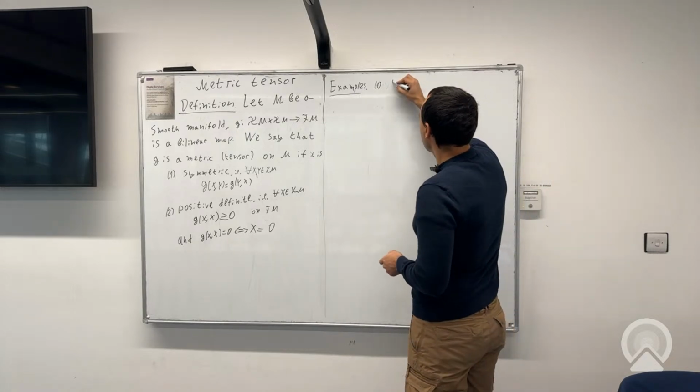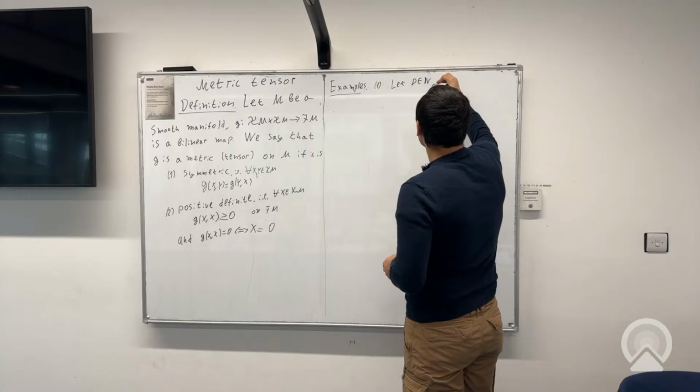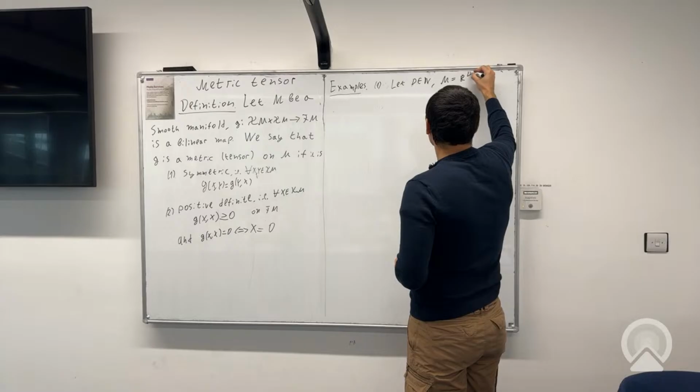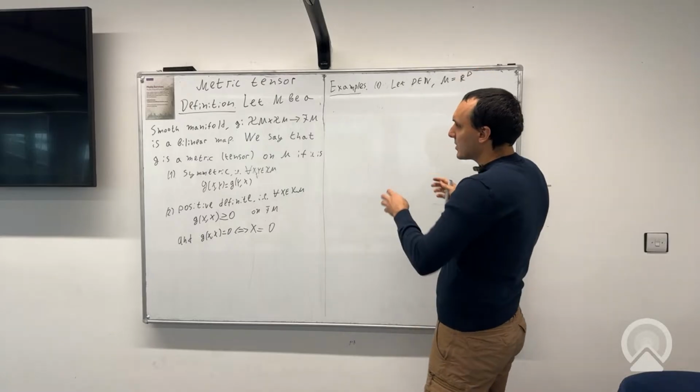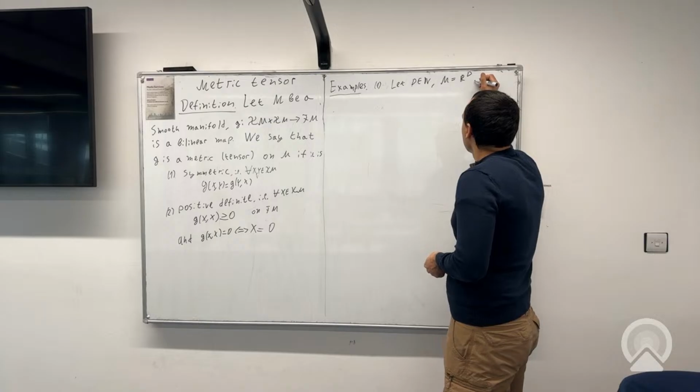Let d be an integer and M is R^d or a subset of R^d, but let's do it on the whole space.